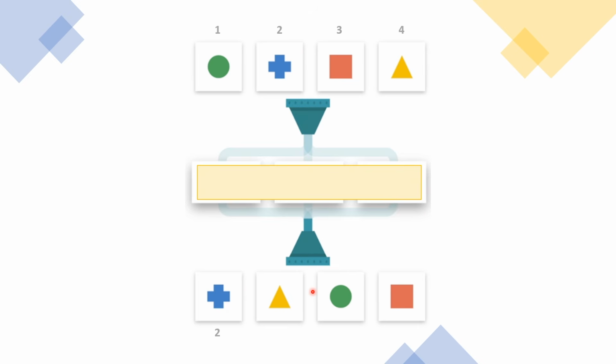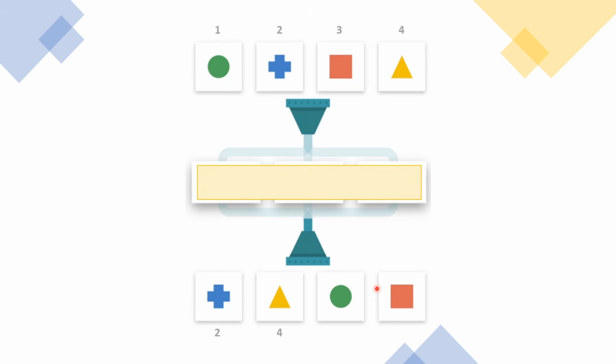Then the next shape in the output is the triangle. So again, I'll go back to the top into the input shapes and find that the triangle is in position number 4. And so my next number will be 4. Again, I'll do the same thing with the circle, and as you can see, it's in position number 1 in the input.